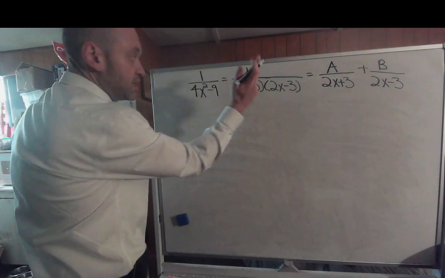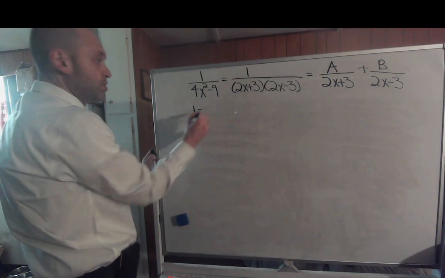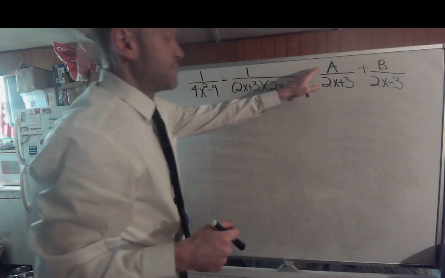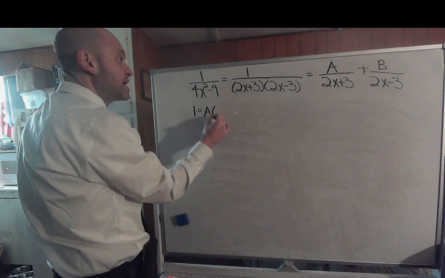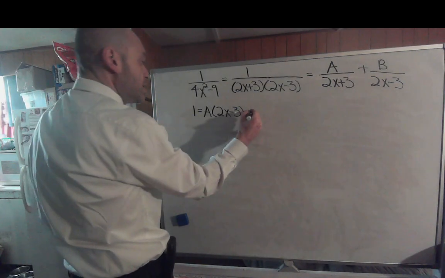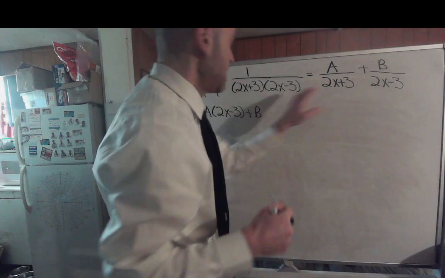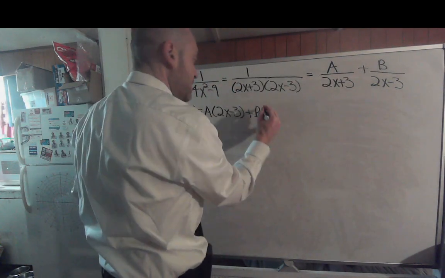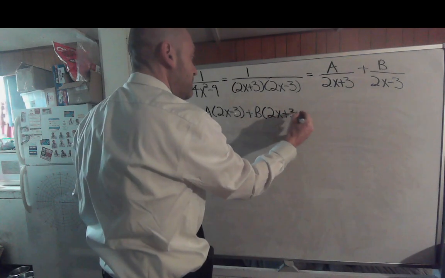Of course, on the left side, you would just get 1 because the denominator would cancel out. You multiply the first term, the 2x plus 3's would cancel out, and you'll end up getting a times 2x minus 3 plus b times, if you multiply this by the common denominator, the 2x minus 3's would cancel out, you would get b times 2x plus 3.